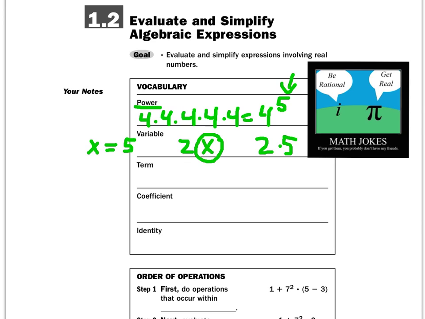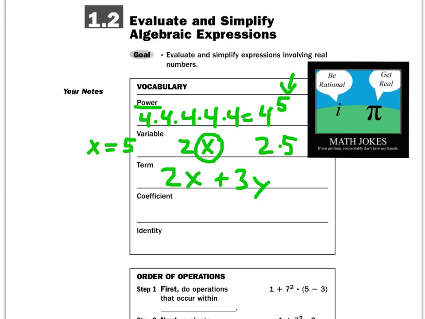The term, there's a lot of different ways to do that. The official definition of term is an expression that can be written as a sum. The parts added together are called the terms. So if you had something like 2x plus 3y, 2x and 3y would be the terms.